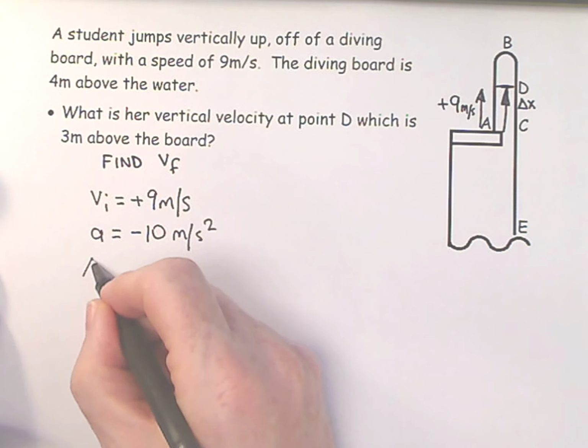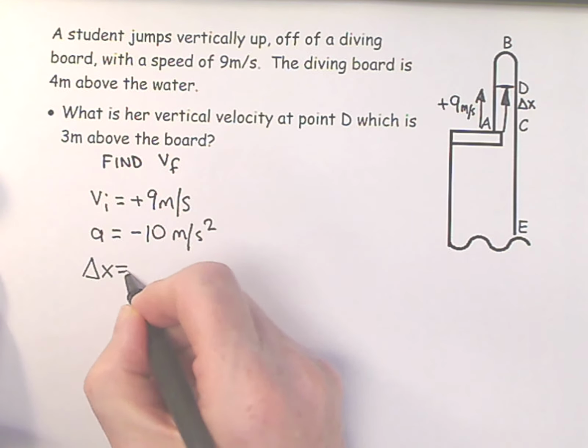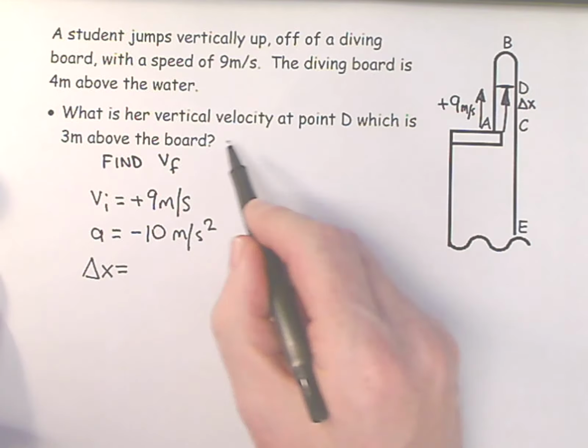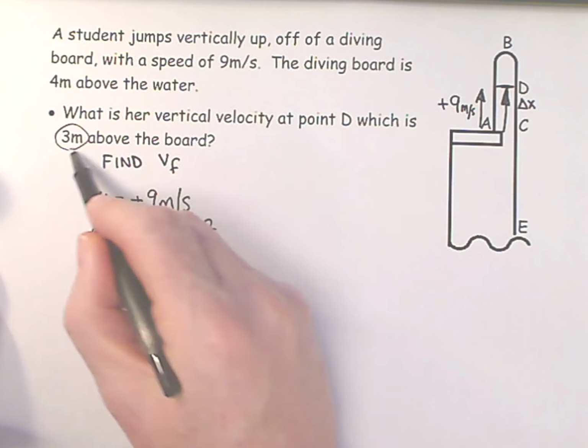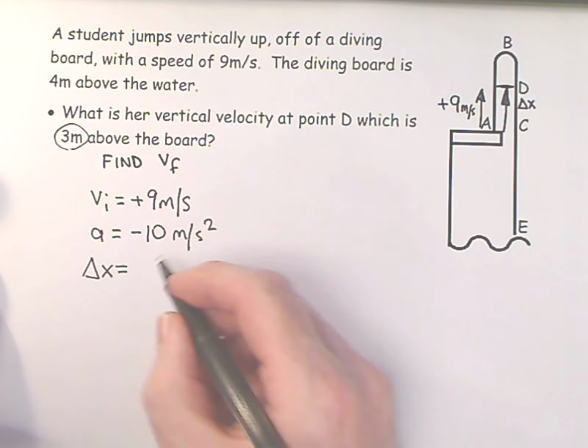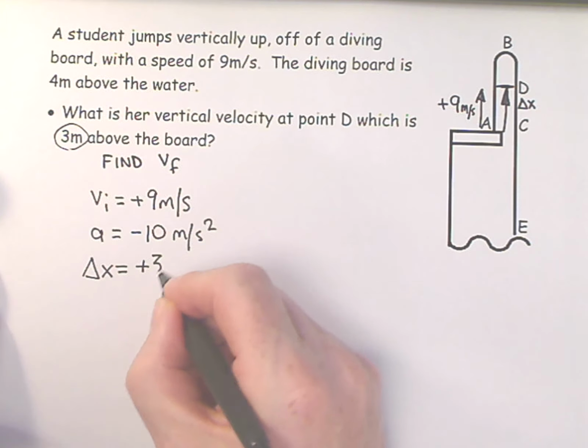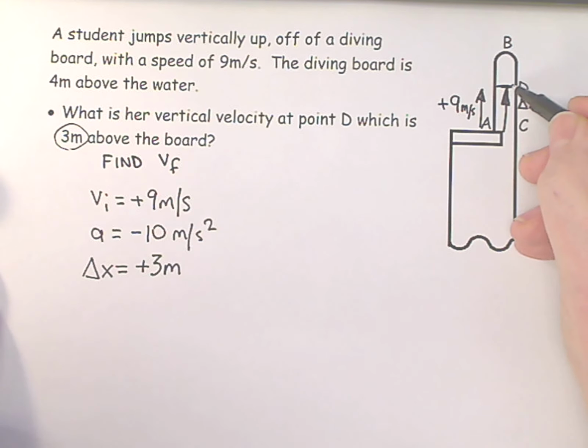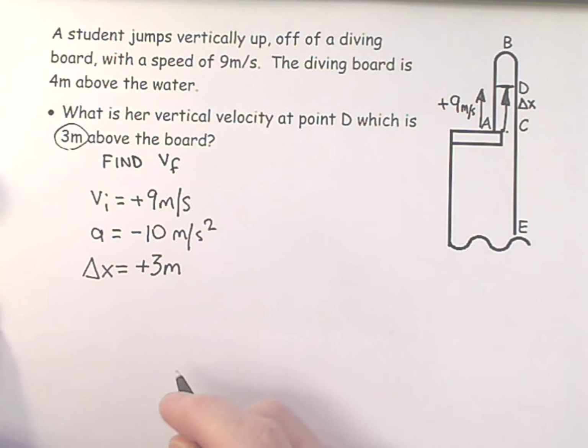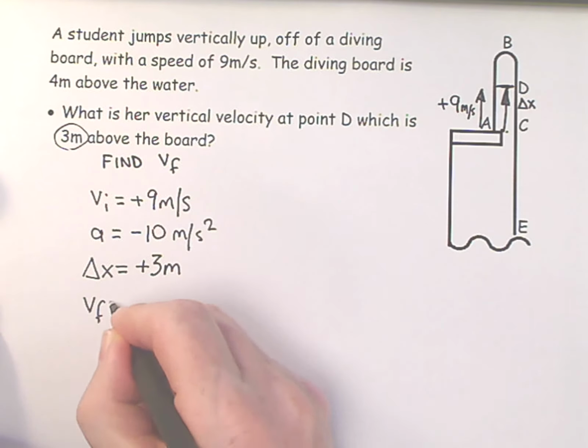The displacement, it says that this is 3 meters above the board. So her displacement is plus 3 meters. She ends higher than she starts, 3 meters higher than where she starts. So her displacement is plus 3. And we want to find VF.